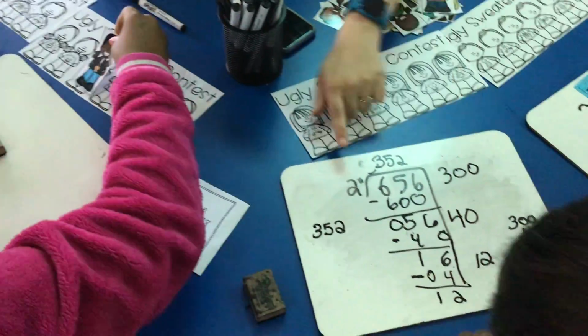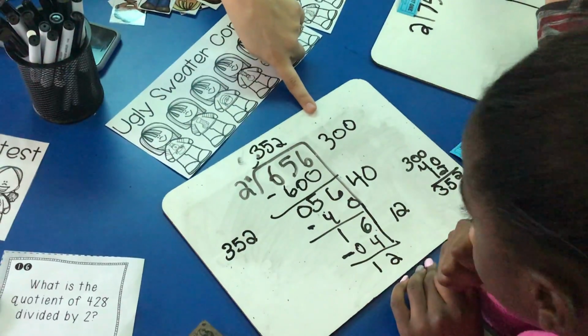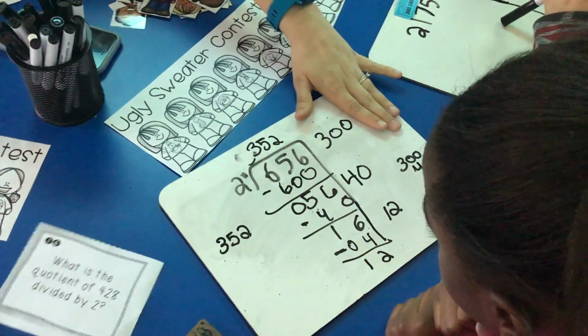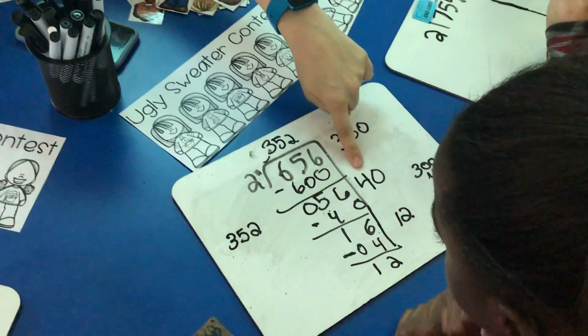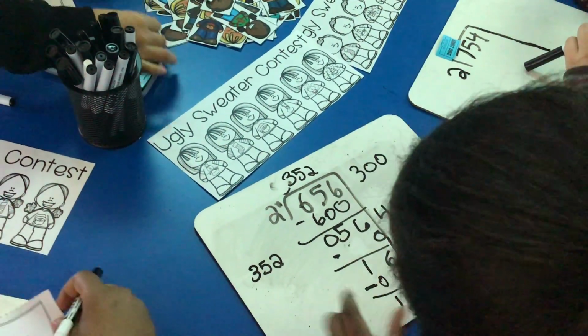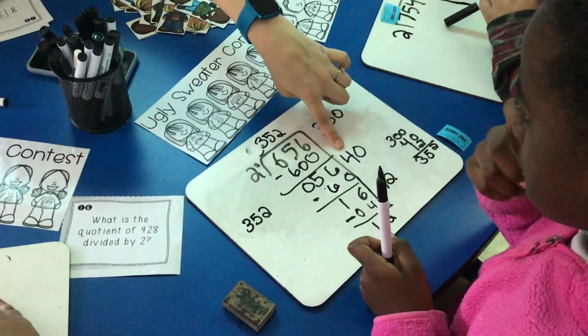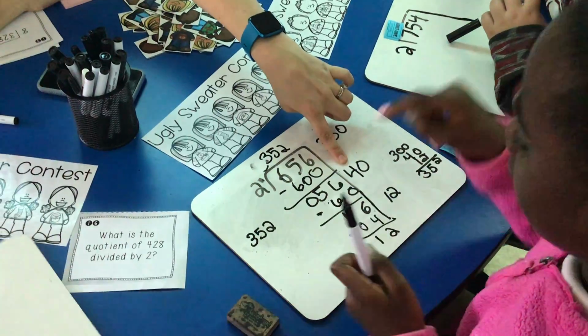All right. Yeah, right here. You did 2 times 3, got 600. Then it was 56. Then you did 2 times 4 was what? Oh, 6. Think about it again. 2 times 4. 8.